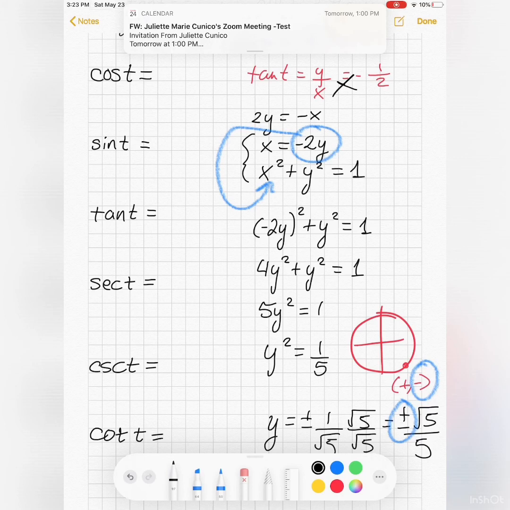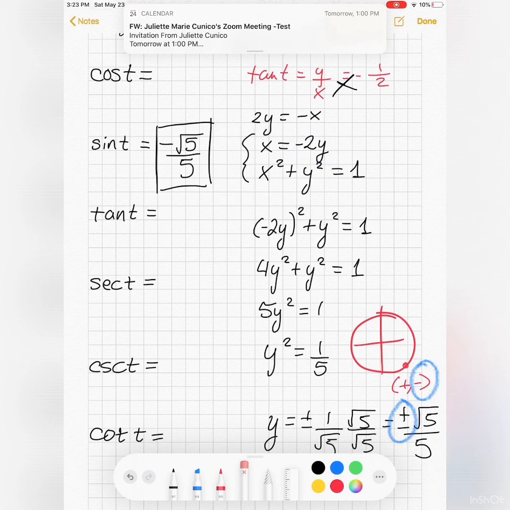Okay, so the value of sine is going to be negative √5 over 5. How do I get the cosine? Well, actually, I would use this equation.